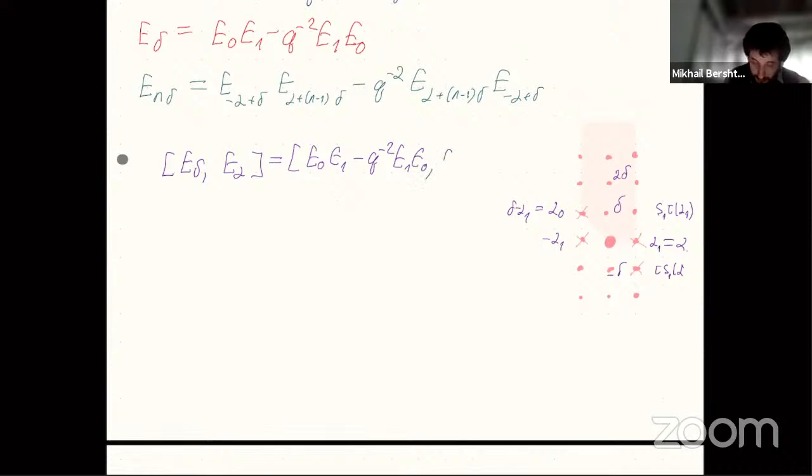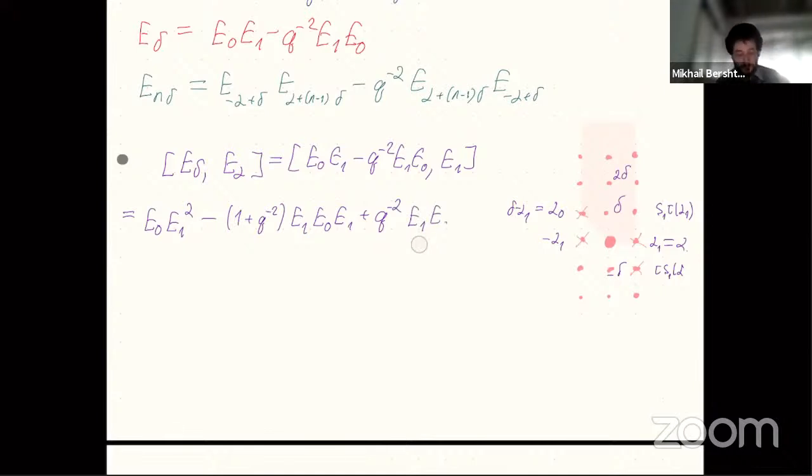So it is equal to E0 E1 squared minus (1 plus q to the minus 2) E1 E0 E1 plus q to the minus 2 E1 squared E0. Yes, E1 squared E0. Do you see something in this formula?